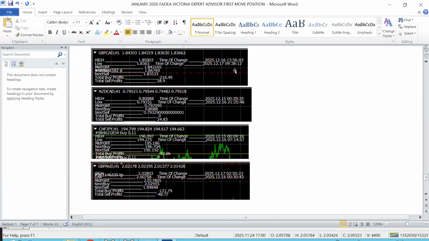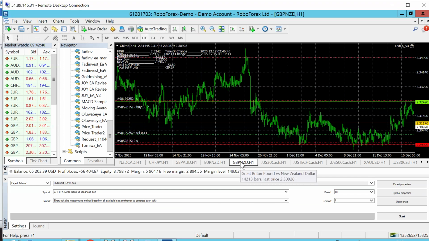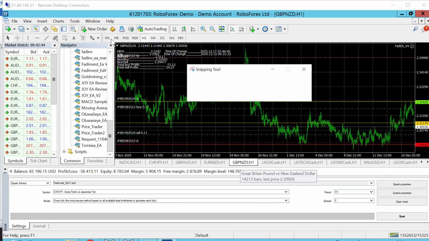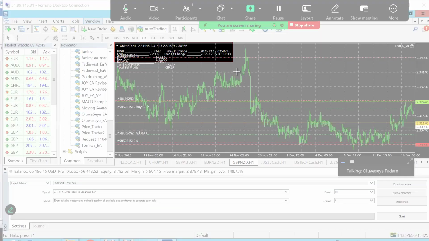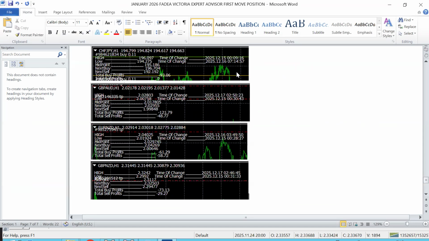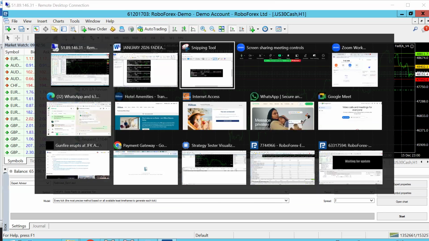What we try to do is to get the first extreme of the market as quickly as possible. Once we start the EA, we want to get the first extreme as soon as possible. If we're able to get the first extreme, we'll be able to manage our risk effectively.